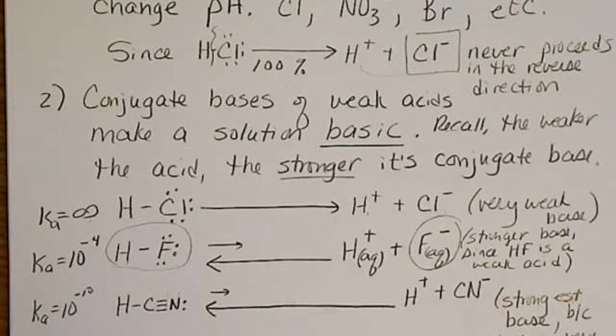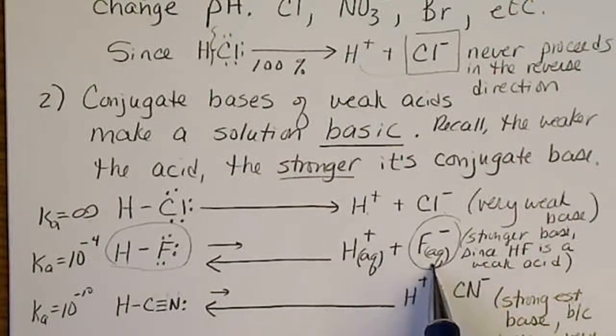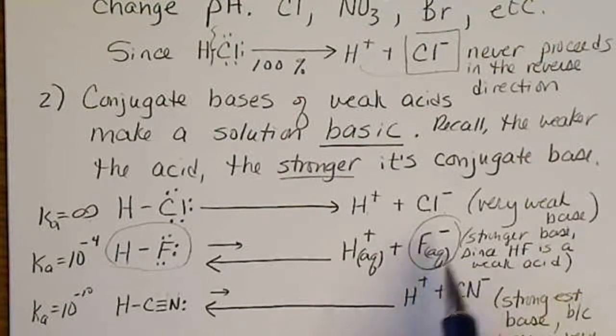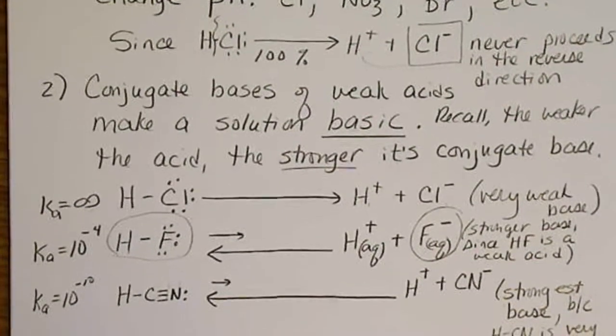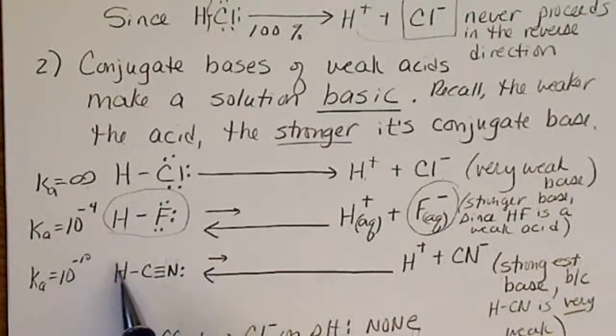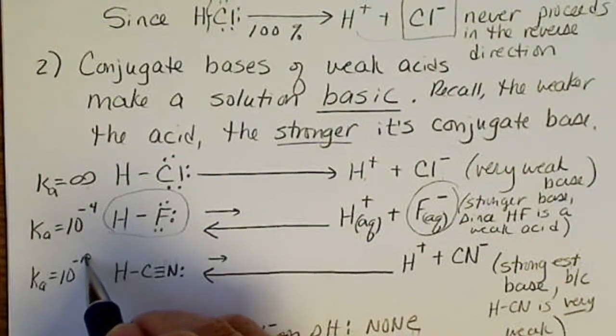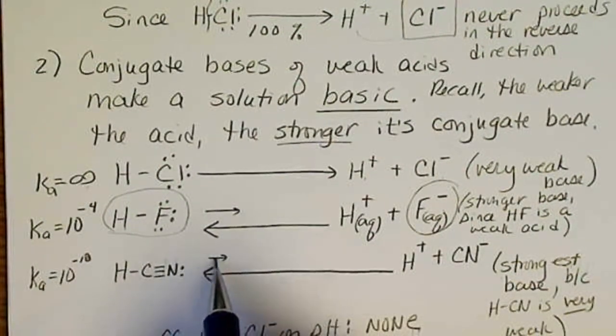So the weaker the acid, the stronger the conjugate base. And the stronger the base, the more basic it will make a solution. And then just for reference, I've got another acid which is even weaker than hydrofluoric acid. Its equilibrium constant is 10 to the minus 10, so this reaction barely goes to the right.